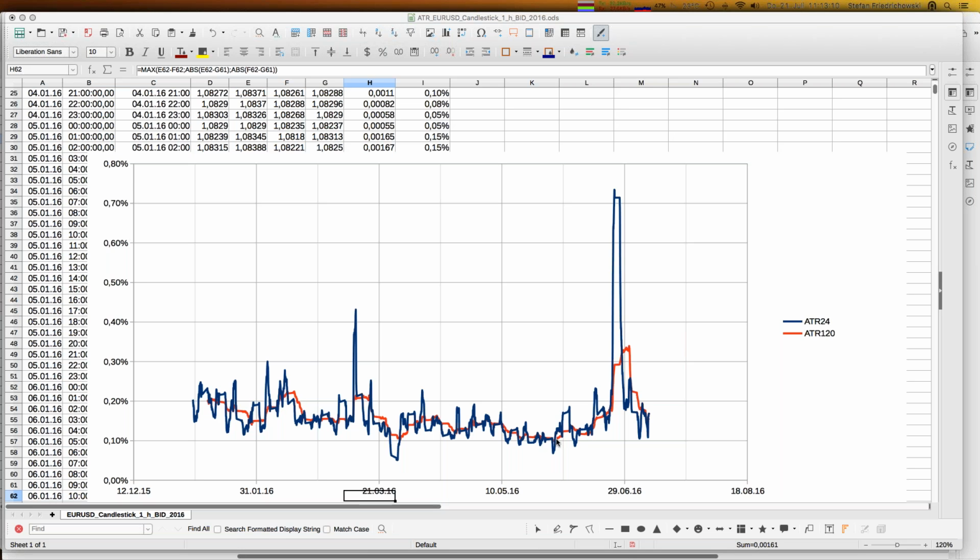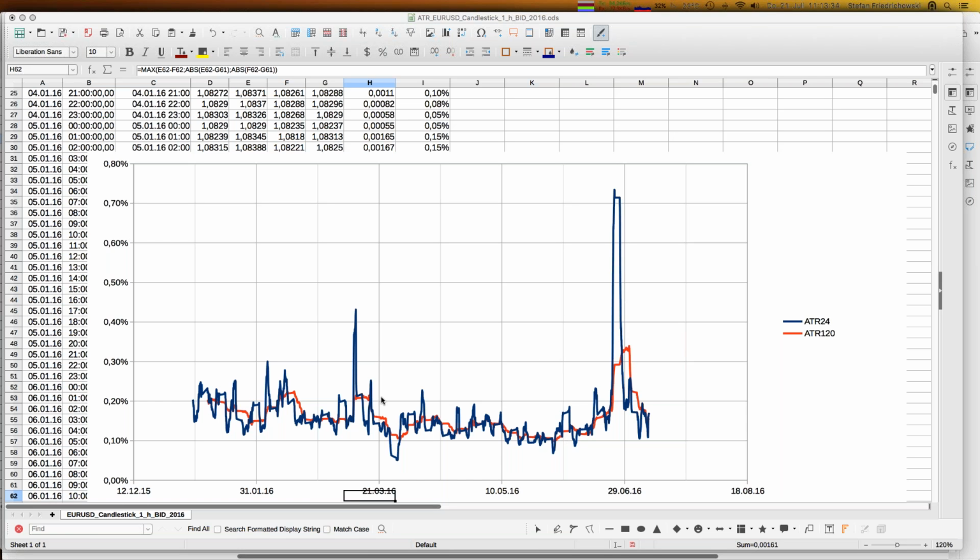So the volatility was decreasing, and then all of a sudden, already before the Brexit decision of England, that is exactly the big peak within the chart, that is the Brexit time, then the volatility went upwards and went down once again.